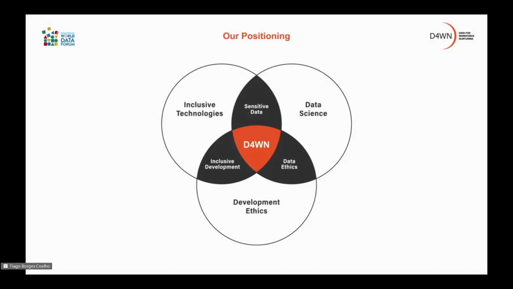But on the other hand, if you intersect these inclusive technologies with data science, you realize that you have a lot of sensitive data. So how do you deal with consent for users sharing their data? How do you explain to them what is personal identifiable information, right?